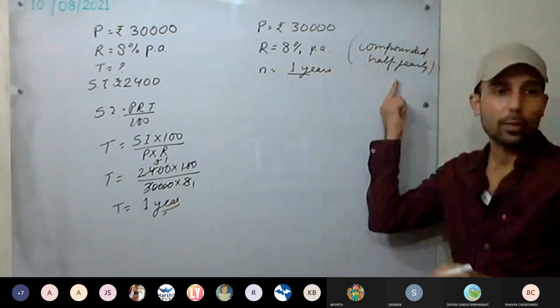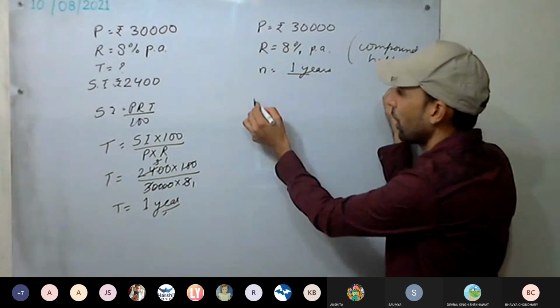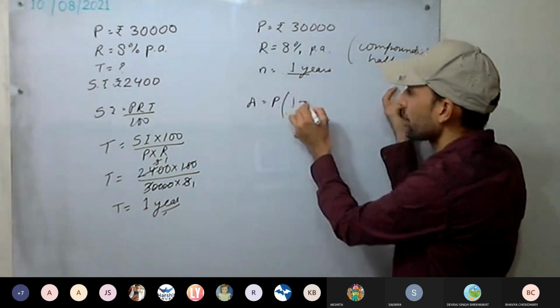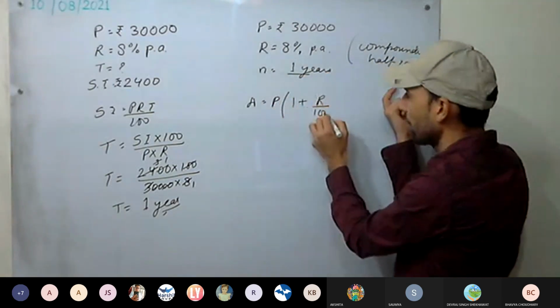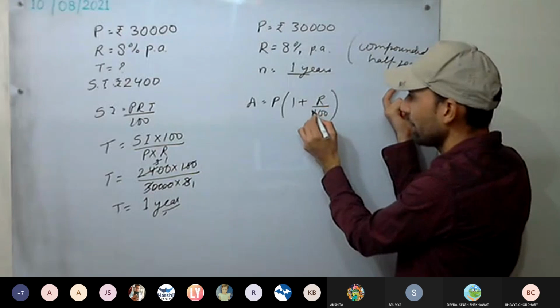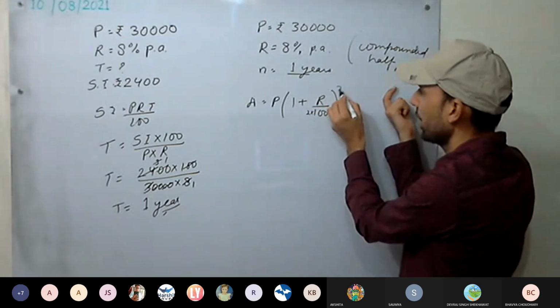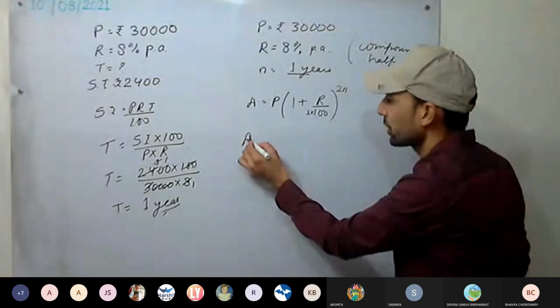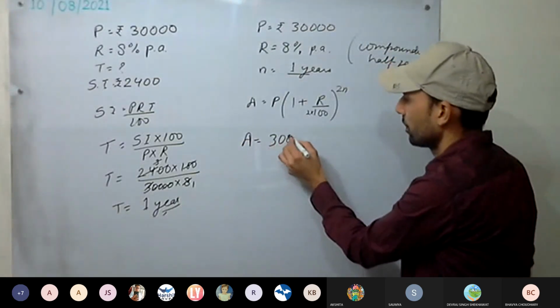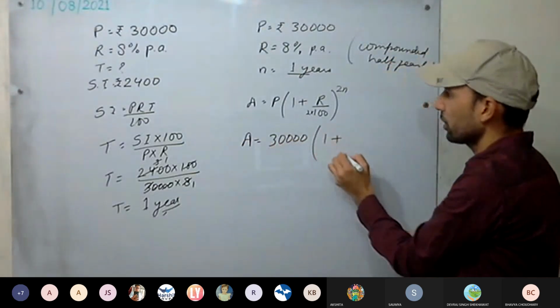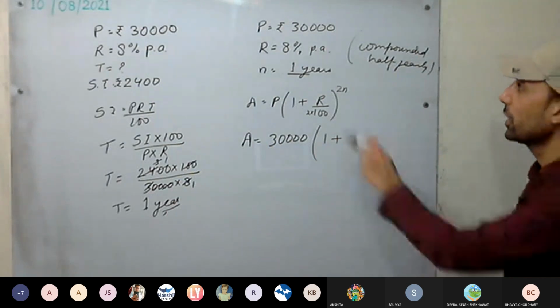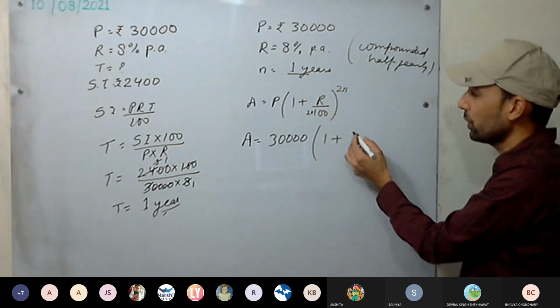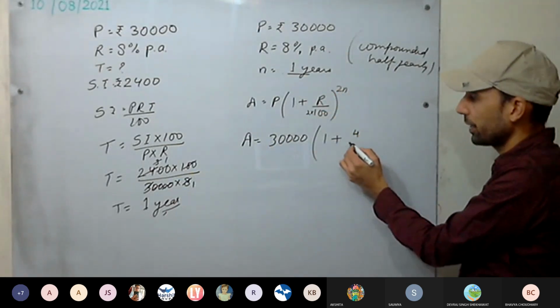Since it is compounded half yearly, amount equal to P into 1 plus R by 100, and half yearly means R by 2 into 100 and here 2N. Put the values here and calculate the amount. 30,000 into 1 plus, rate is how much? 8%. 8 divided by 2, 4 by 100.